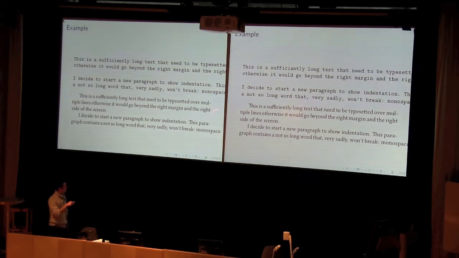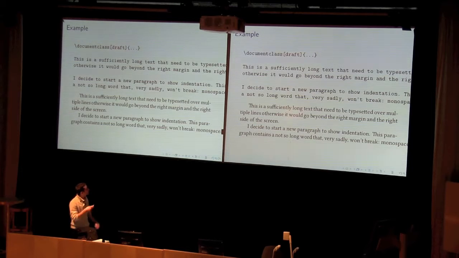First, you want to detect this quickly when you proofread your document. You don't want to read each line and say, okay, is it fine? Okay, no, maybe. So, if you remember, we've seen that you can put options in your document class. One of these options is draft. You know what draft is? This is when you're not sure of your document and this is just a working document.